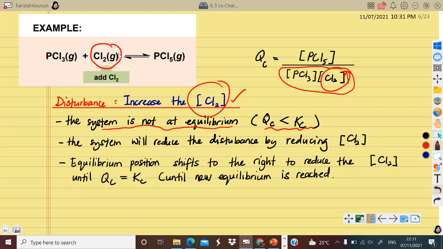Jadi macam mana dia nak kurangkan concentration chlorine gas yang bertambah? Mestilah dia kena react lagi dengan PCl3 to form more PCl5. Jadi equilibrium position shifts to the right to reduce the concentration of Cl2 until QC equals Kc.